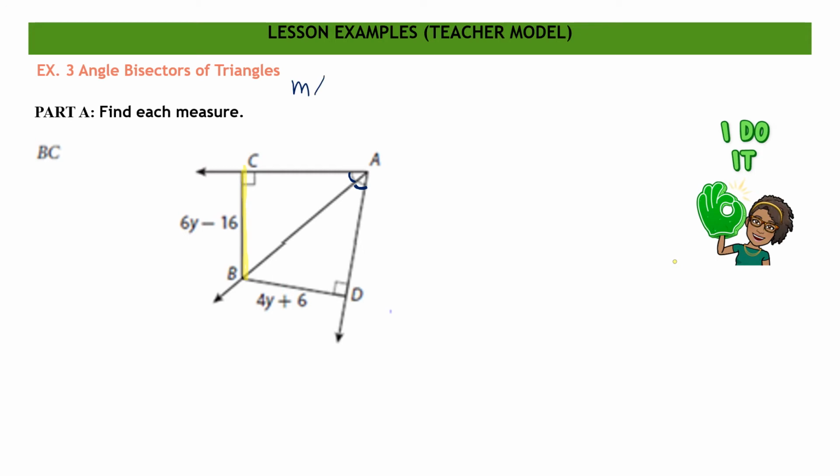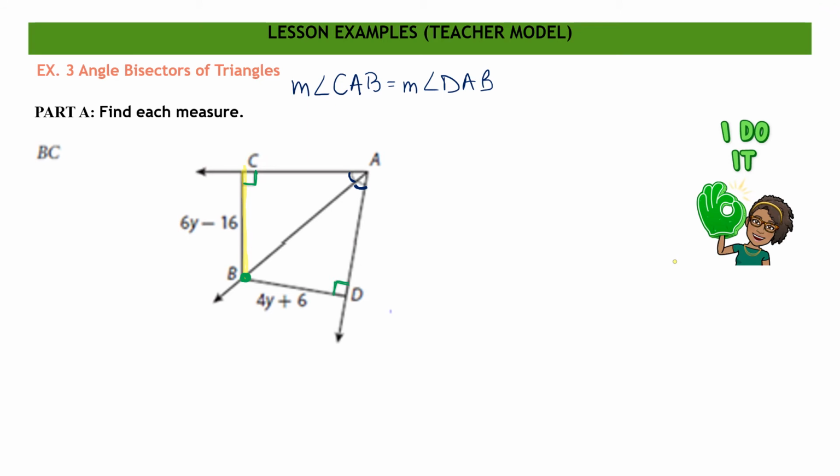So we have the measure of angle CAB, and that's equal to the measure of angle DAB. I also see that we have point B here that is attached to segment BC and segment BD, which are perpendicular to the rays AC and AD.